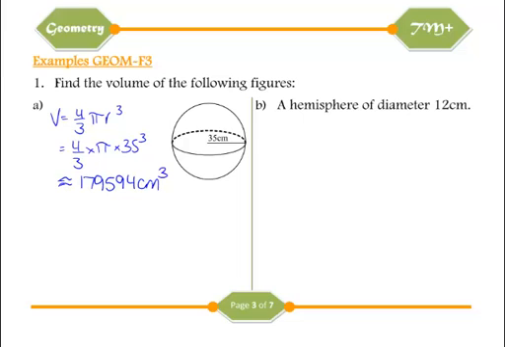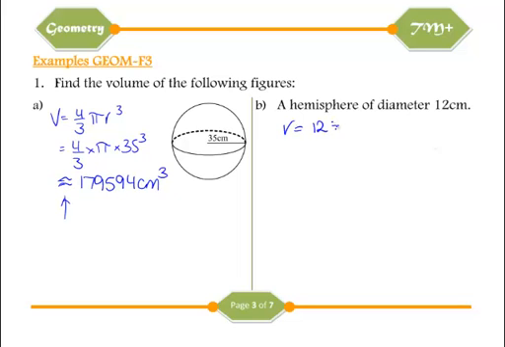Now if you're wondering about the decimal place thing, I do notice that in the textbook sometimes it's 1 decimal place, sometimes it's the nearest whole number, sometimes it's 2 decimal places. I usually just go to 2 decimal places as a convention, but as long as you put the approximate sign in.